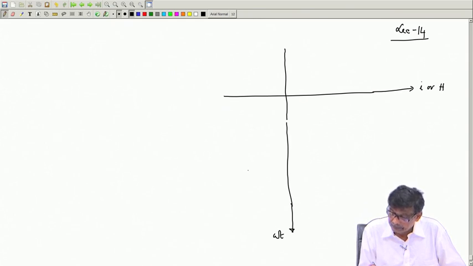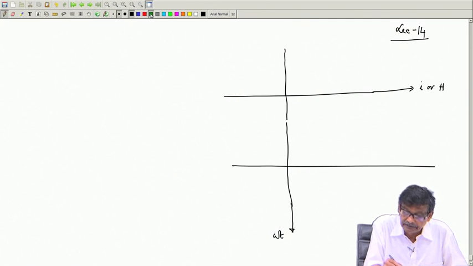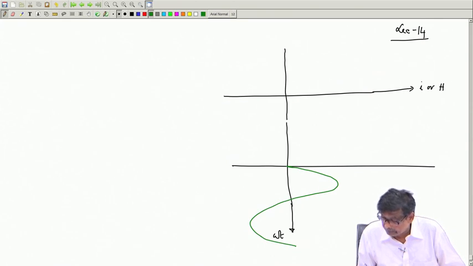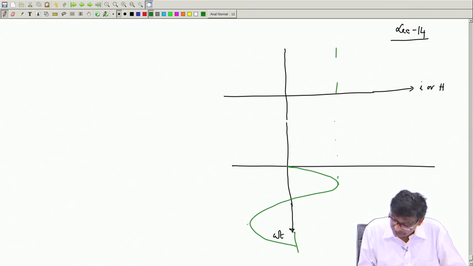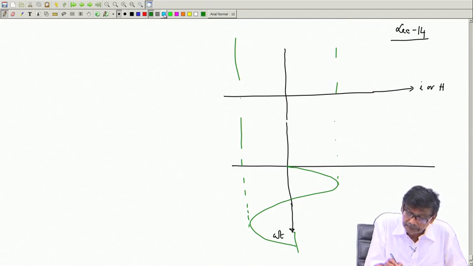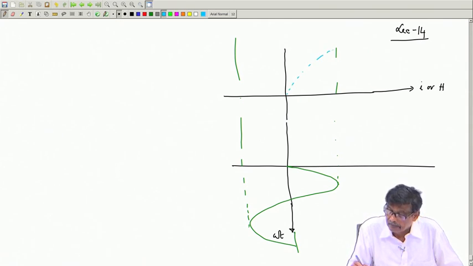Let it be like this. This is the variation of the current. So your BH curve will be like this.